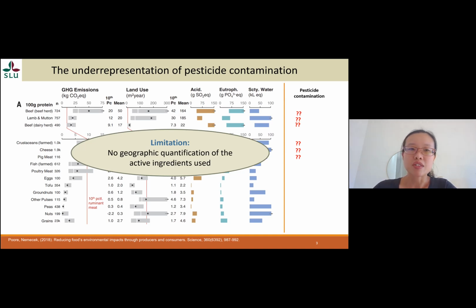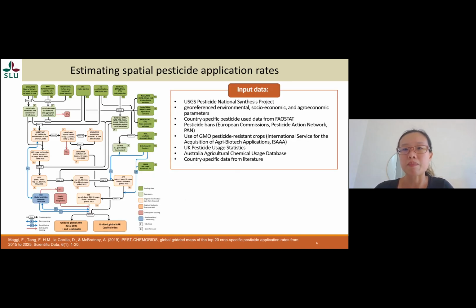One of the first things that we do to fill in this gap is to estimate the spatial distribution of pesticide application rates. We did this by using pesticide use data from USGS, and we used a spatial regression to extrapolate to other regions based on various environmental, socioeconomic, and agroeconomic variables.